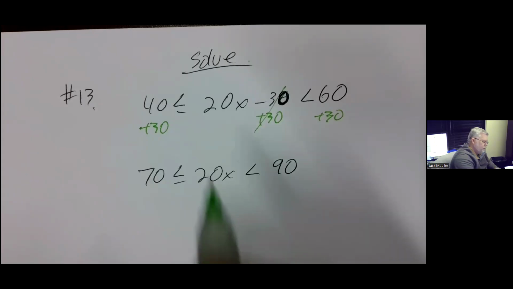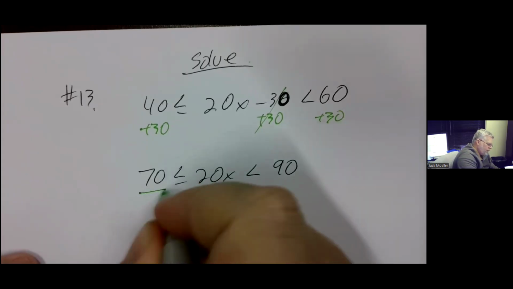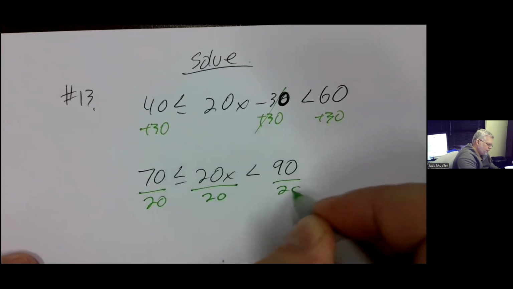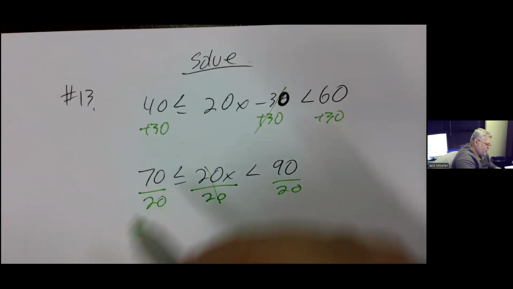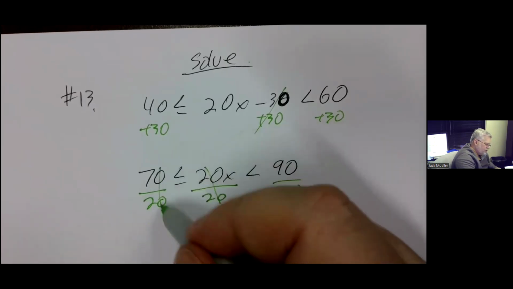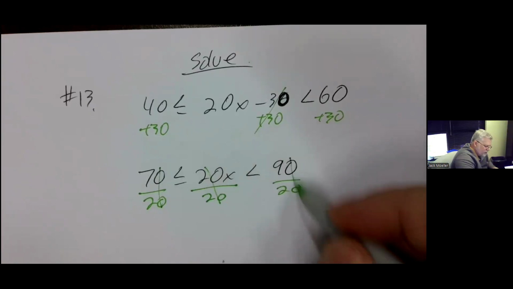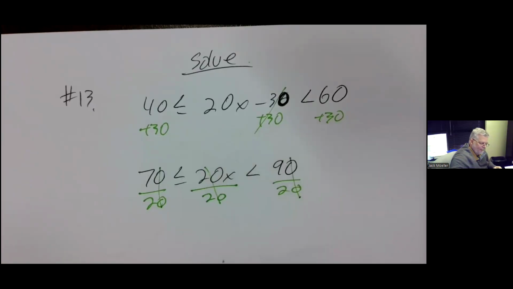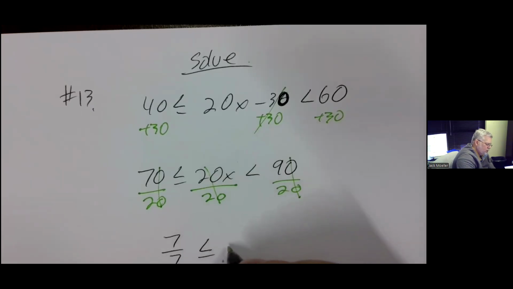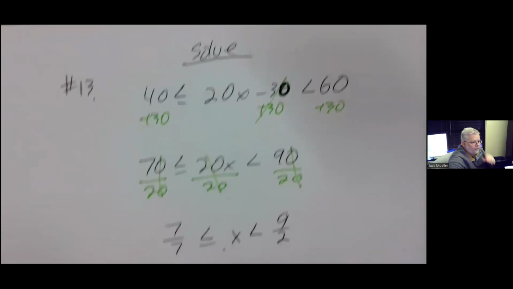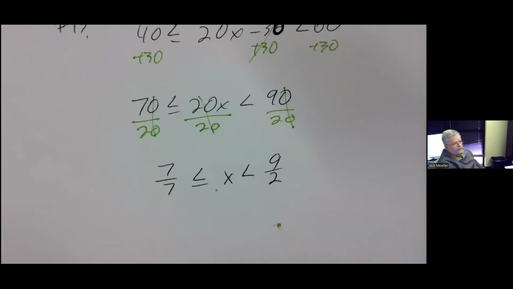Now to get x in the middle, divide everything, all three sides, by 20. Now these, I'm going to simplify just because they both end in zeros. I know I can divide them by 10. 7/2 is less than x is less than 9. Don't go to decimals. MyMathLab is fine with fractions.